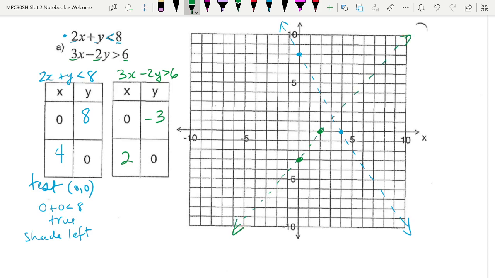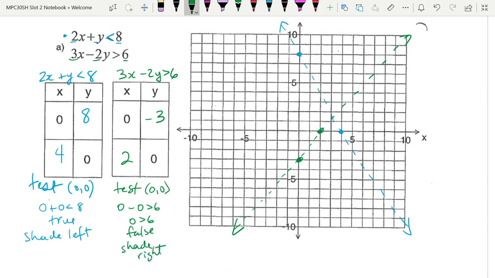But which way do I shade? Let's test 0, 0. So 0 minus 0 is greater than 6. Is 0 greater than 6? False. So I am not shading 0, 0. So I'm going to shade to the right.